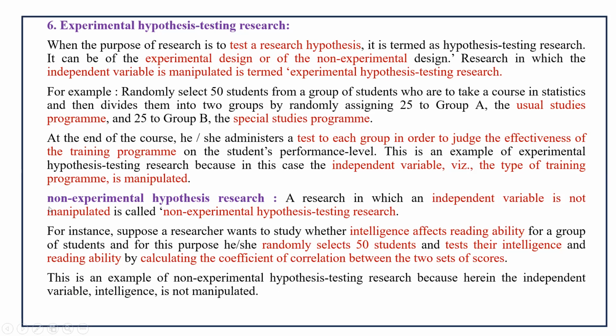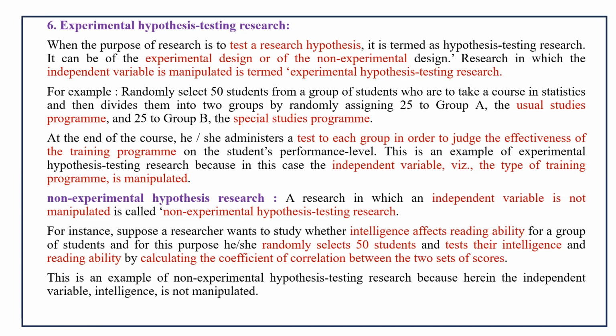Now, non-experimental hypothesis research, what does it mean? It means research in which the independent variable is not manipulated, as it is in experimental hypothesis-testing research. It is not manipulated, and this is called non-experimental hypothesis-testing research. Now again, we will take the example of 50 students, where suppose a researcher wants to study whether intelligence affects reading ability for a group of students.